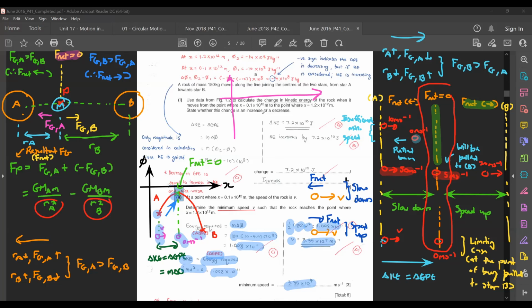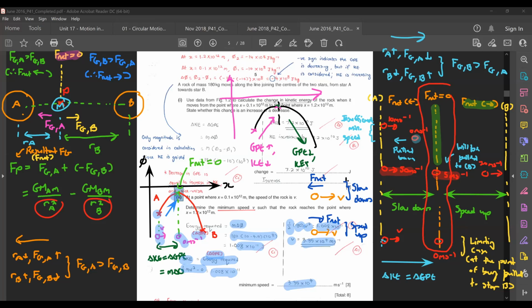You see, if I draw it for you here, let's just say this little point here, you can see that from this point to this point, GPE is increasing, my KE is dropping, right? Then right after that point here, my GPE starts to drop, my KE starts to increase, right?